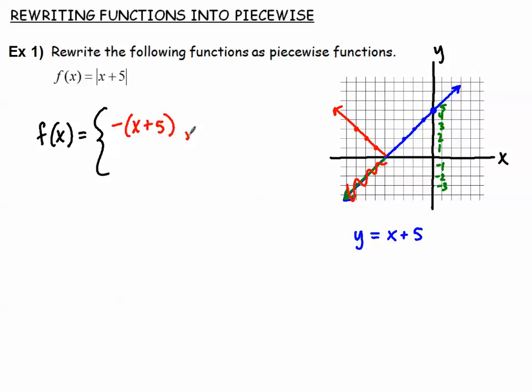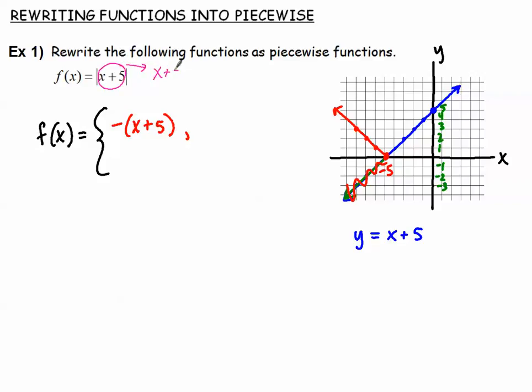And where does that happen? Well, everywhere to the left of where this crossover point is, this x-intercept. How do I know where this x-intercept is? Well, by graphing it, I see it as negative 1, negative 2, negative 3, negative 4, and negative 5. It's at negative 5. However, if I don't want to graph it, which I shouldn't have to do, I'm going to look at that part of the function in the absolute value.